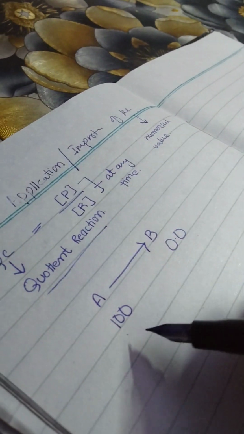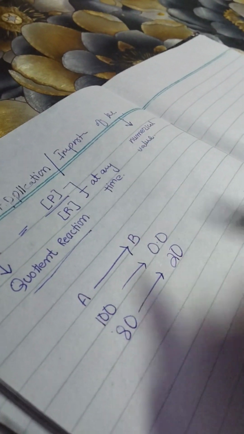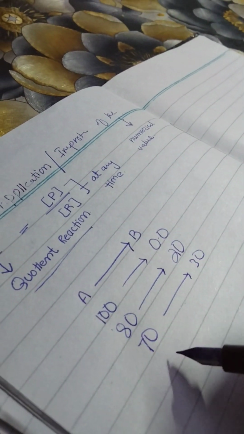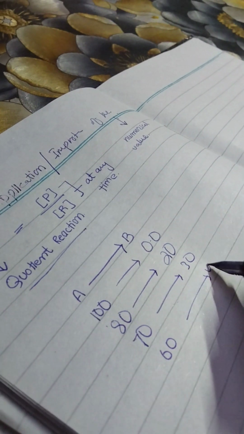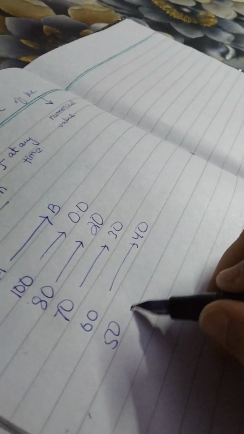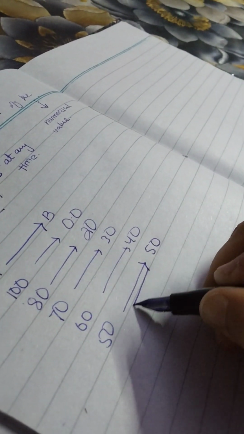But after some time, A will be 80 and B will be 20, then A 70 and B 30, then A 60 and B 40. At the point when the concentration of product will be 50 and the concentration of reactant will also be 50, that point is known as the equilibrium point.